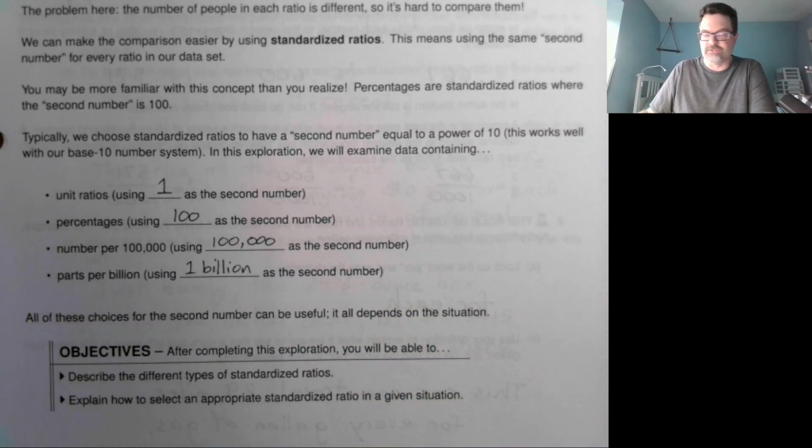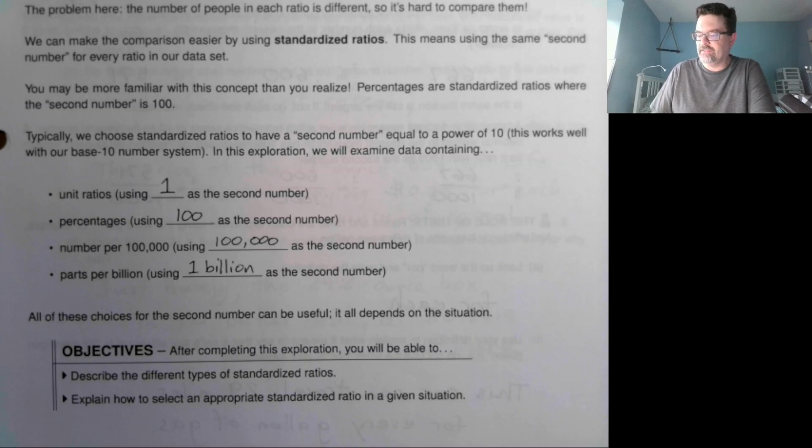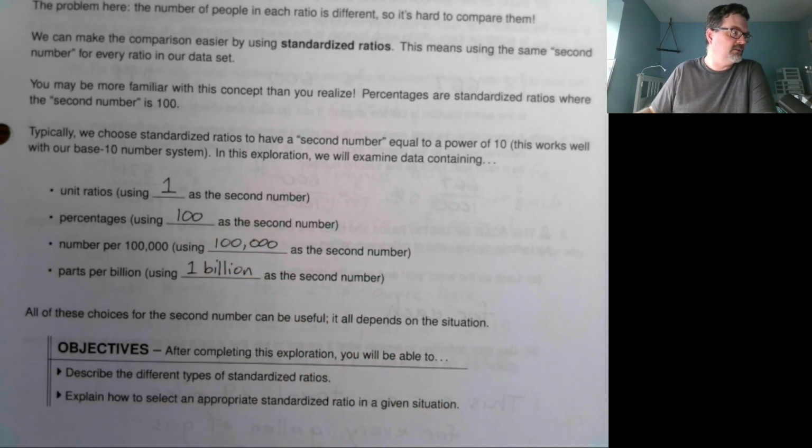Percentages are standardized ratios using 100 as the second number. And the next two just basically tell you what the second number is in their name: number per 100,000 or parts per billion. Those are also types of ratios that use the same number as the second number.